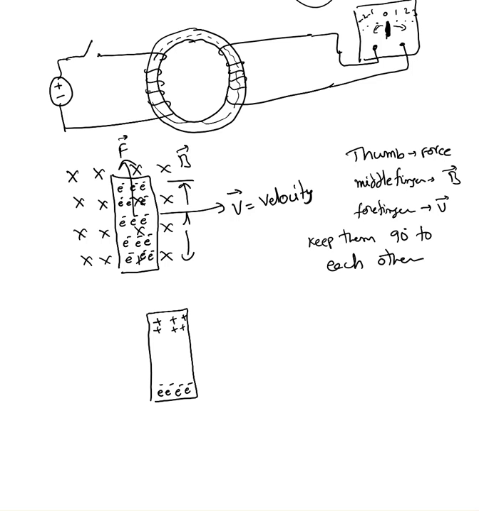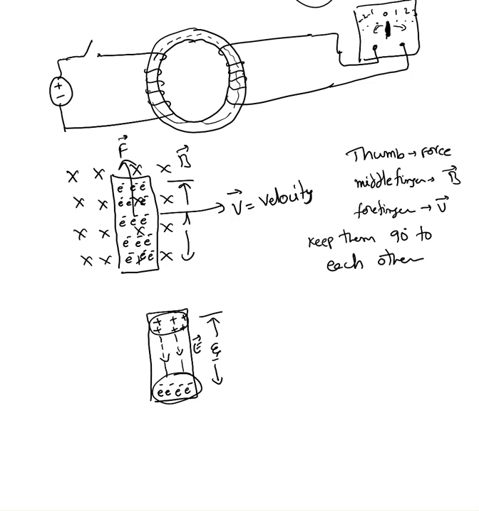Whenever you have a positive charge separated from a negative charge, automatically there is an electric field between these two charges, and you will end up having a voltage.